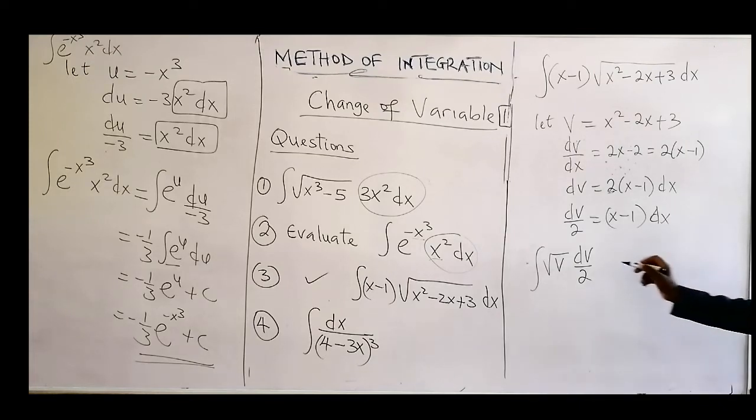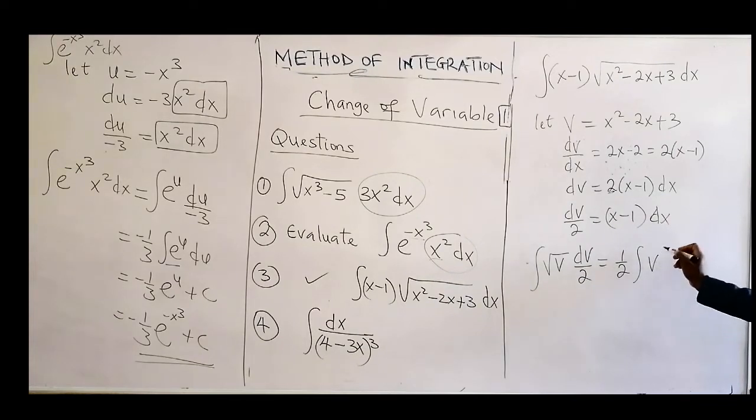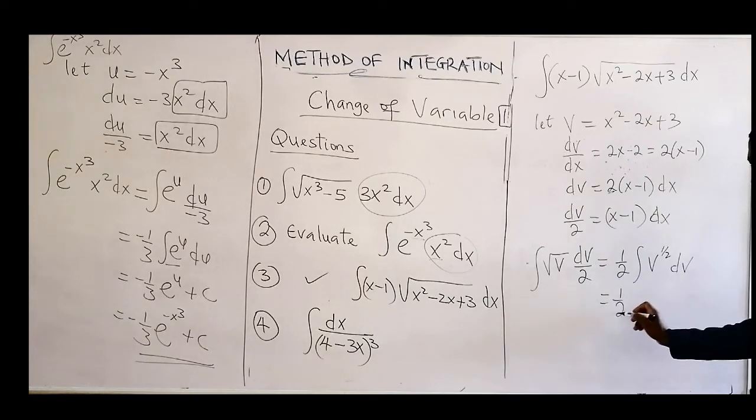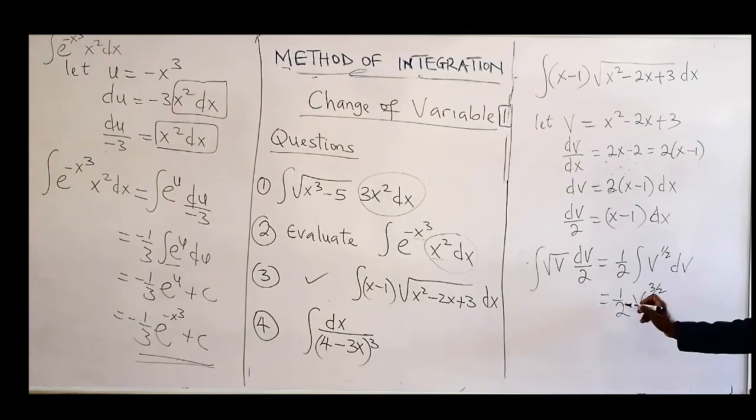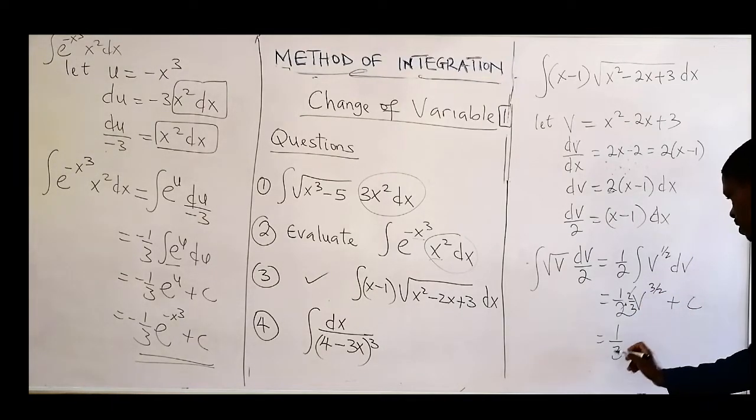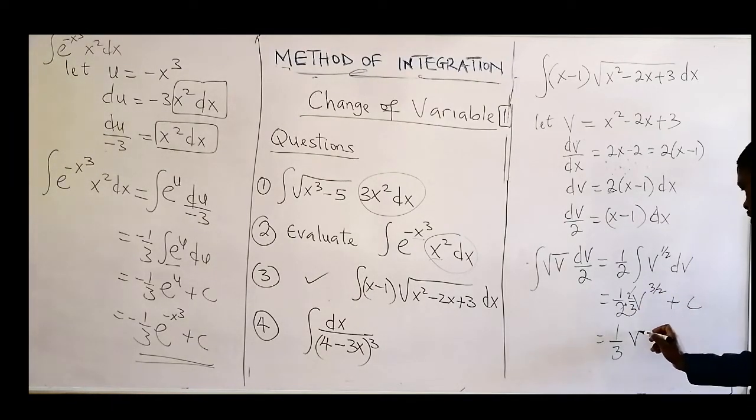And that's equal to 1 over 2 integral v to the half dv. And that's equal to half into bracket v. This half, that's 3 over 2. And then times, you don't have to waste time, 2 over 3 plus c. And that's equal to 2, we cancel, then I have 1 over 3 v to the 3 over 2 plus c.